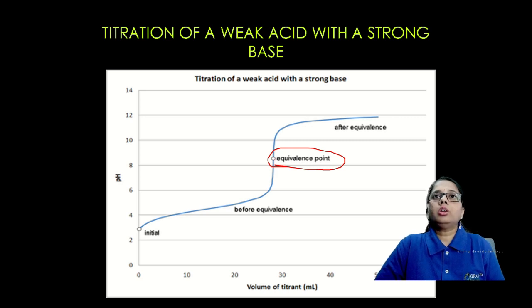Even after getting the equivalence point, if you go on adding excess NaOH, you are going to see the curve like this. That's why it is a plateau. That means after equivalence you see no change in the pH, that means all the ions have been consumed. Okay, so that's why the curve is like this. So neutralization has been achieved.